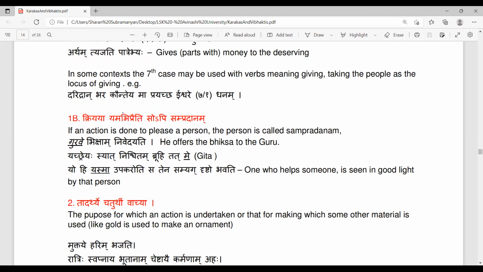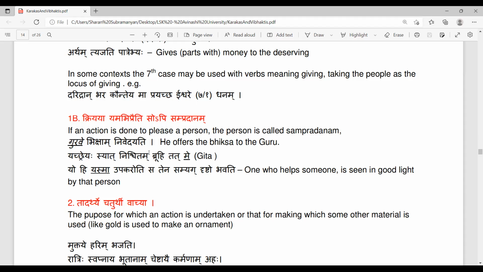Kriyaya yam abhiprayati sopi sampradanam bhavati. So kriyaya. This is not a sutra, this is by a vartika. Please note. That's why number is not given. If an action is done to please a person, the person is called sampradana.